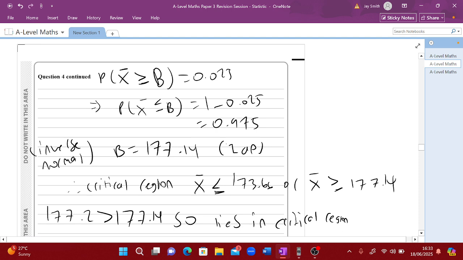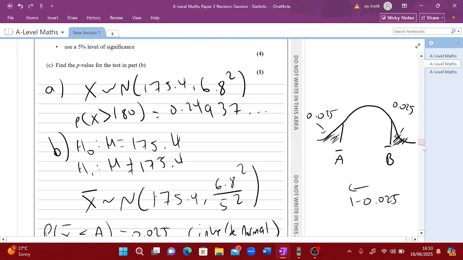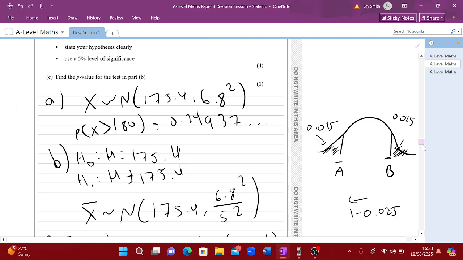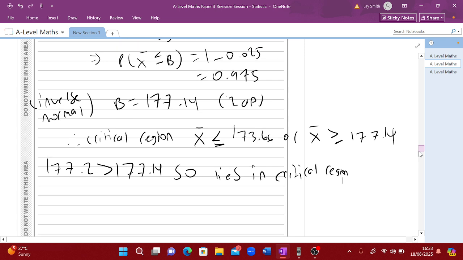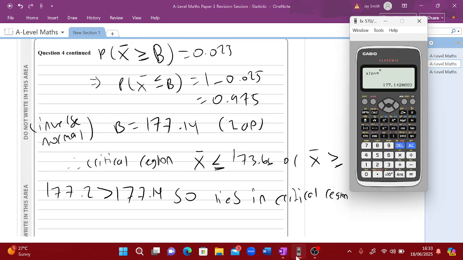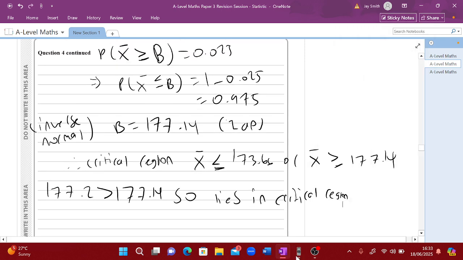That's interesting. Apparently, okay, apparently you can't accept it, so it shouldn't lie in the critical region then, apparently. Why is that? 177.2. But 177.2 is greater than.